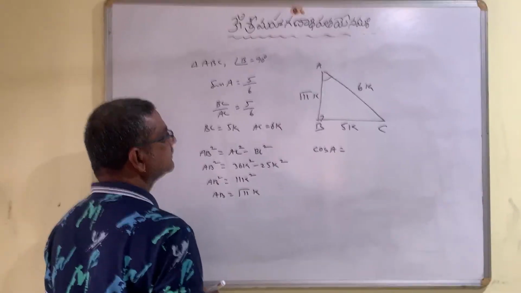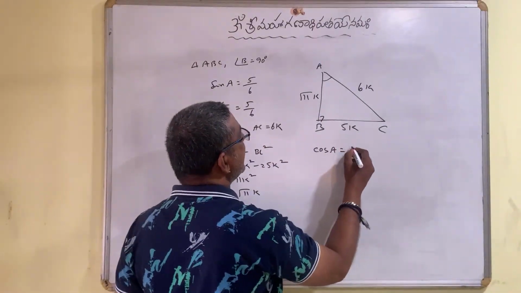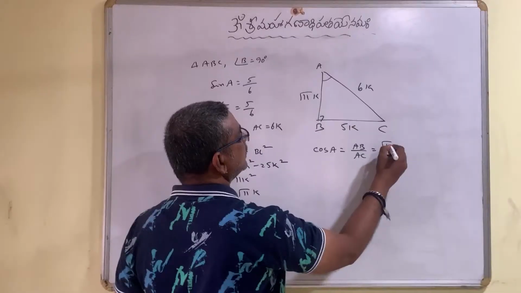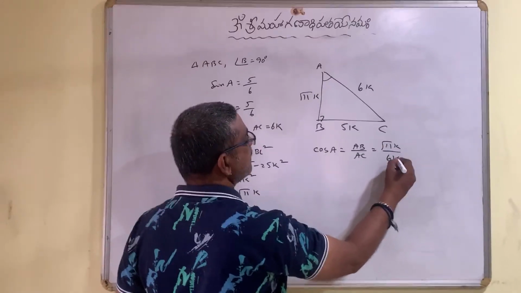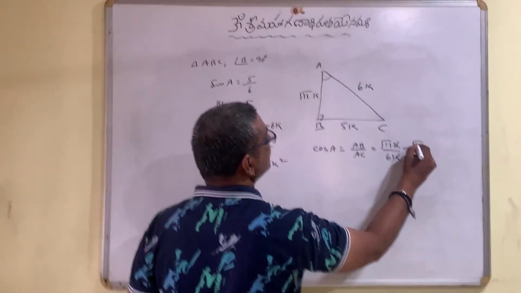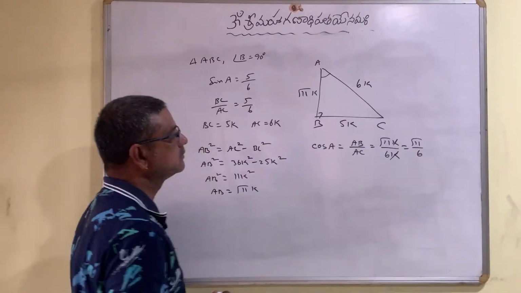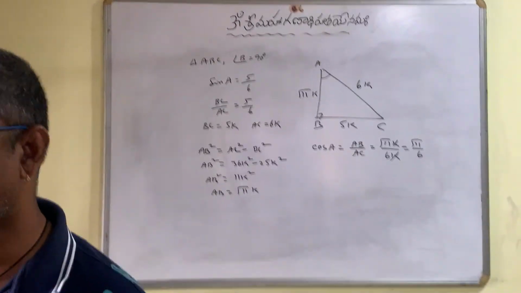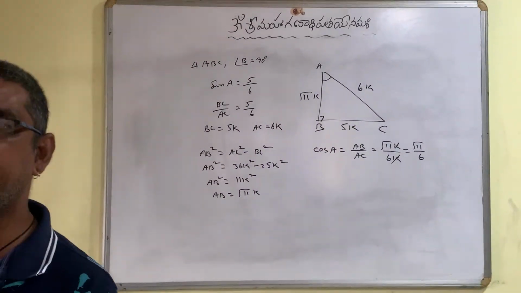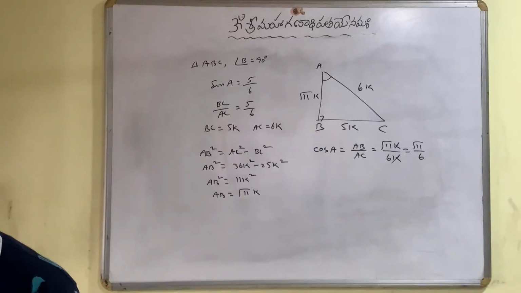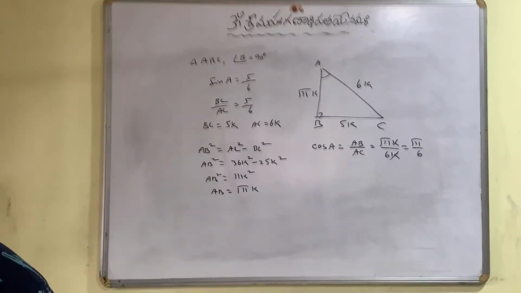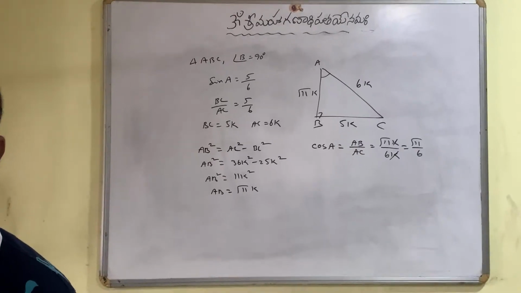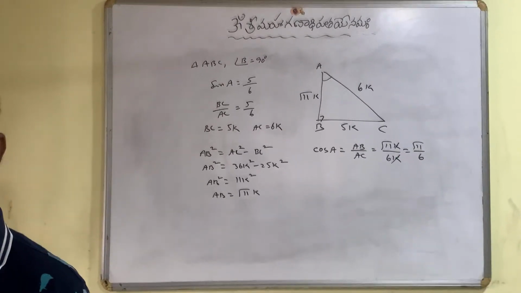Now cos A, side adjacent to angle A by hypotenuse, that is AB by AC. AB root 11K, AC 6K. K, K get cancelled. Root 11 by 6.